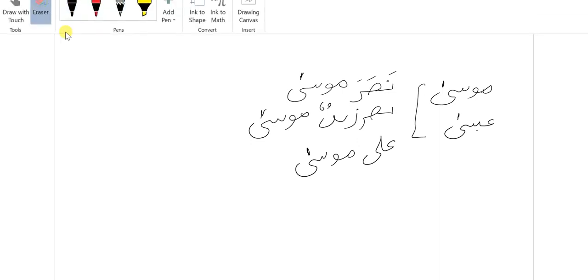So in halat raf'i it will be written as Musa, in halat nasbi it is still the same Musa, and in halat jarri it is still the same Musa. So its i'rab is not visible.